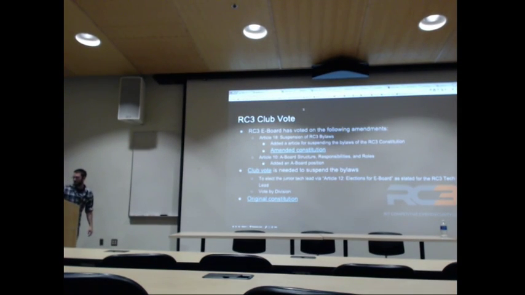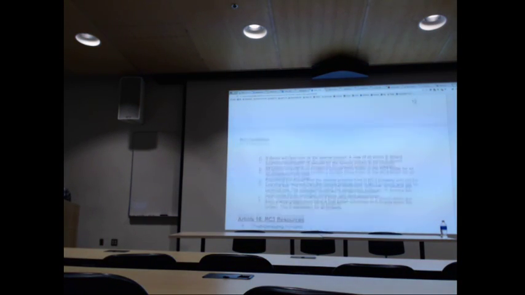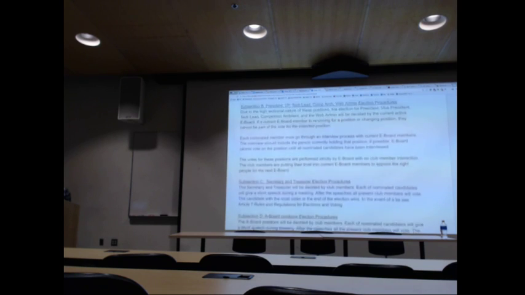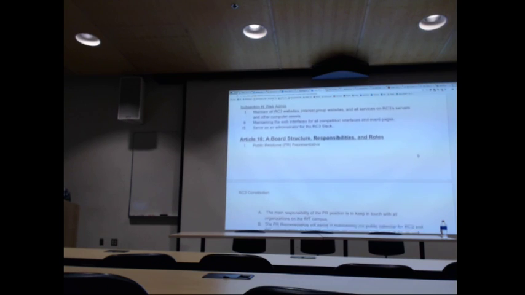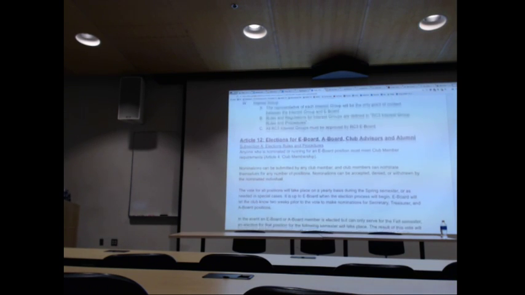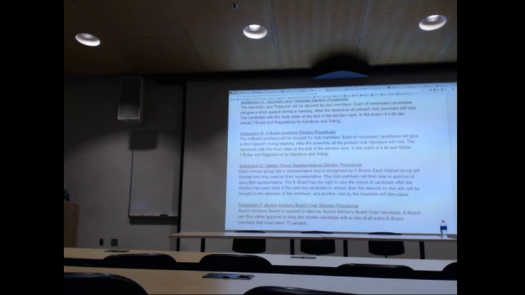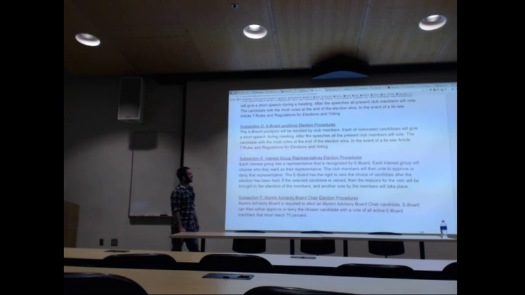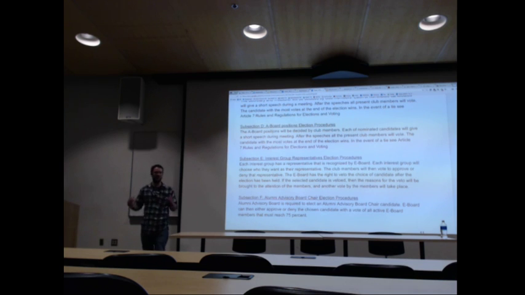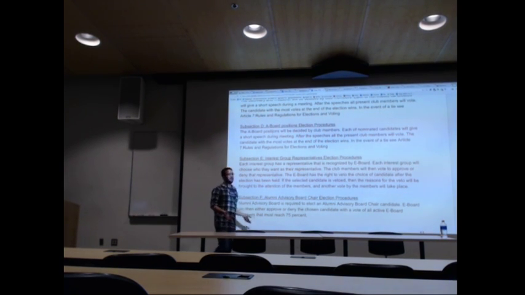All right, so basically what it comes down to is, for the A-board positions, for election procedures, what happens is we open up a position and then people nominate themselves and the nominees come up, they give a quick speech, and then the club votes on it.